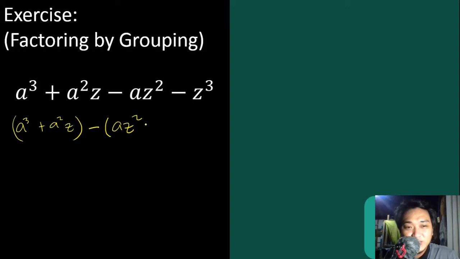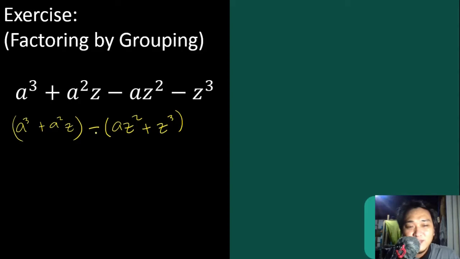Babaliktarin din natin yung operation niya. Plus z cube. Let us try to use distributive property kung babalik ba siya sa original na problem. Kasi ito, yung number dito, meron tayo dito 1 or negative 1. So, subukan natin negative 1 times az squared is negative az squared.